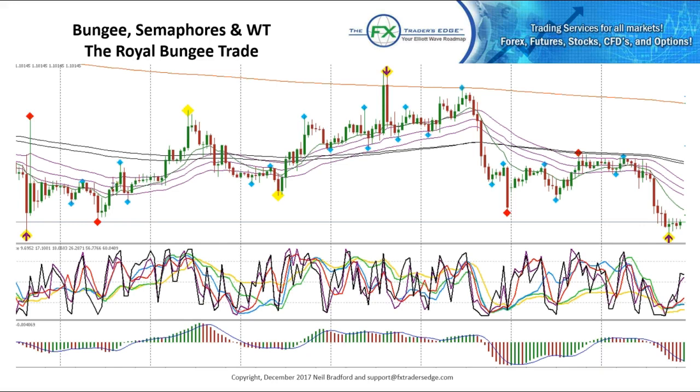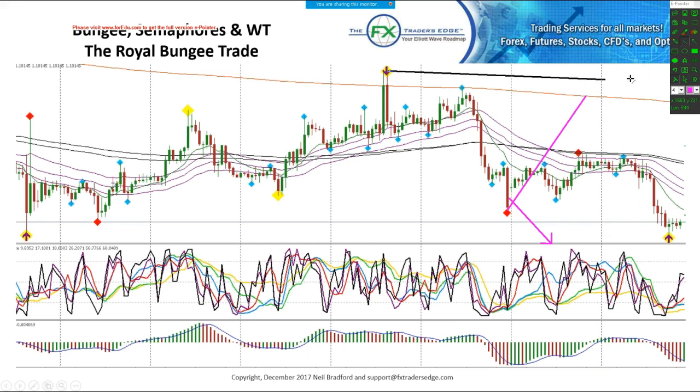So after the retrace, hopefully you get a retrace. You don't always get the retrace. This could have kept going down here and just given us the Royal. What we really want from this point is a really deep retrace so that our stop, which goes above here, is really short.